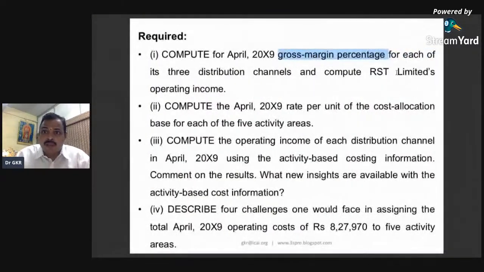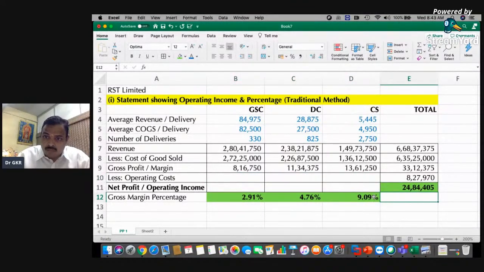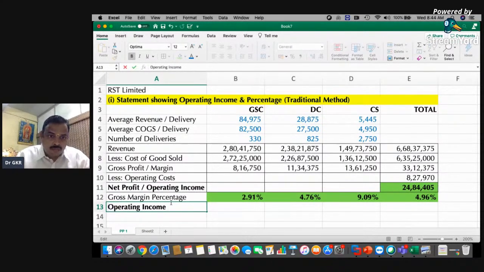Now here, for each of the three distribution channels, please look at the margin. This is the gross margin percentage, 4.96, and the operating income percentage, that also I will find out. So what is your operating income percentage, or net margin percentage?